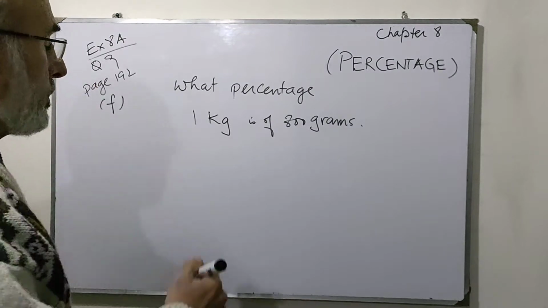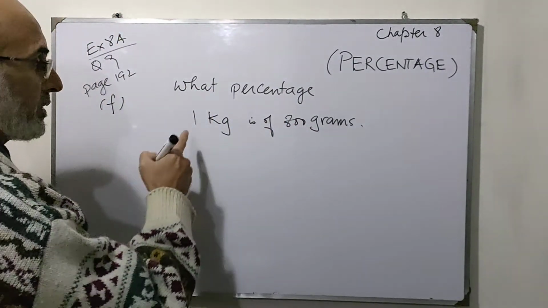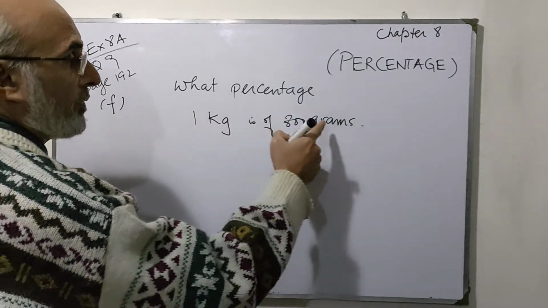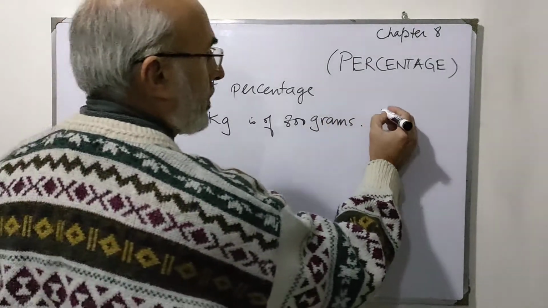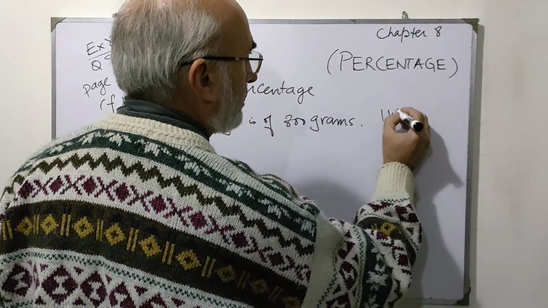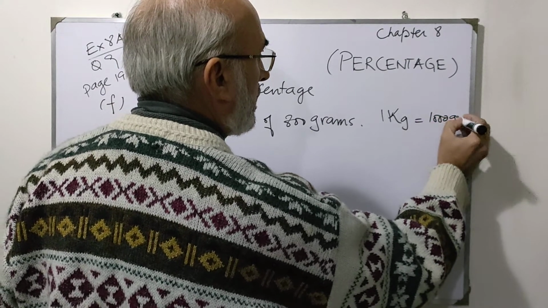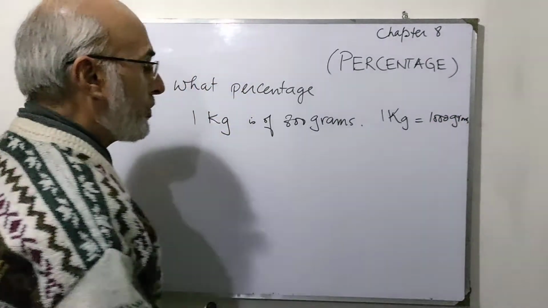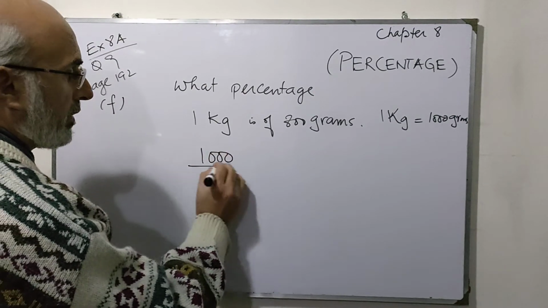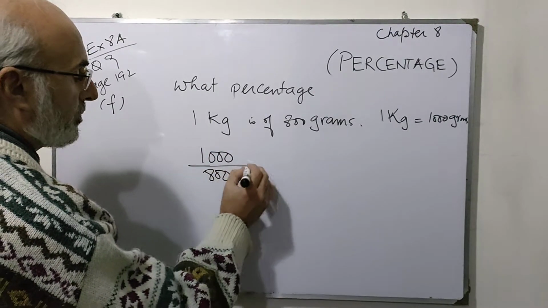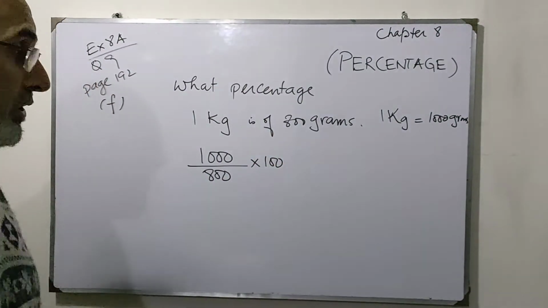Okay. So first thing is we need to have the same units. It is in kg, this is in grams. So we know that 1 kg is equal to 1000 grams. So we are going to use that. So 1000 grams divided by 800, into 100 because we want to know the percentage.